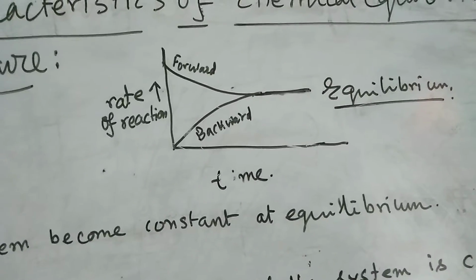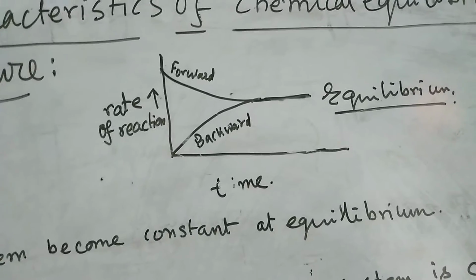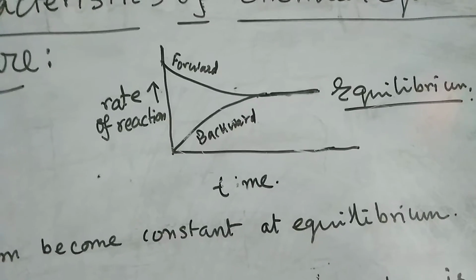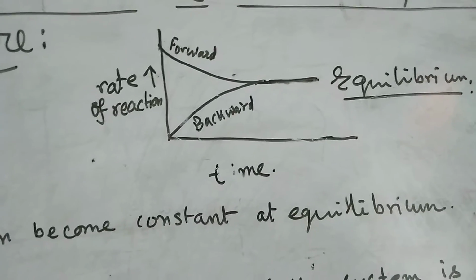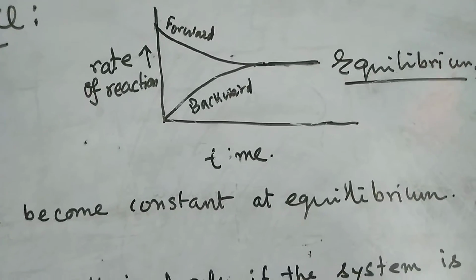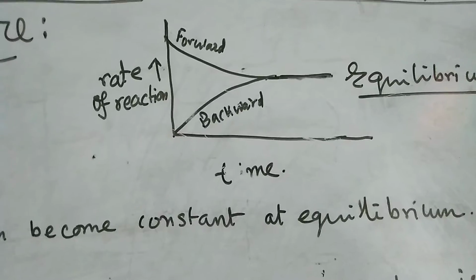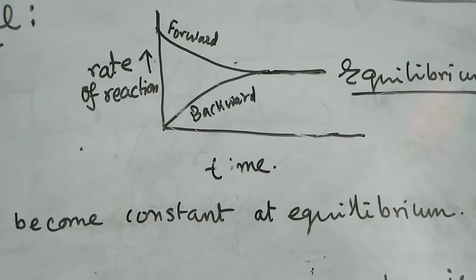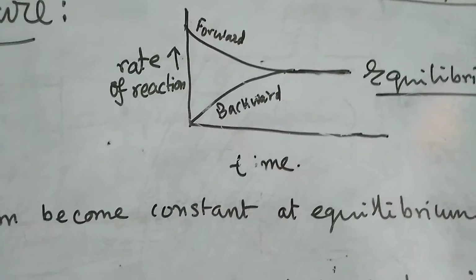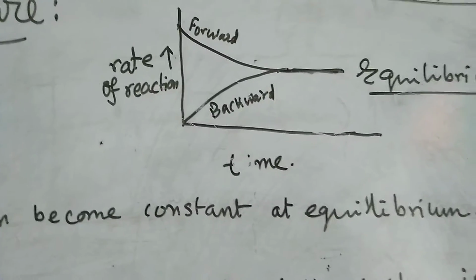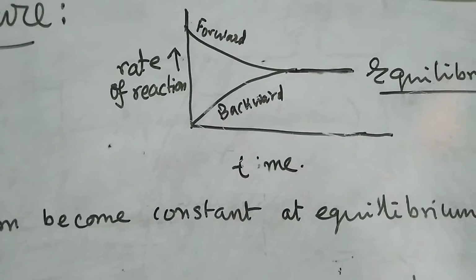When the equilibrium is attained, the concentration of the reactants and the concentration of the products both remain the same during the equilibrium. But what does that mean? The reaction stopped? No. The reaction is going on.